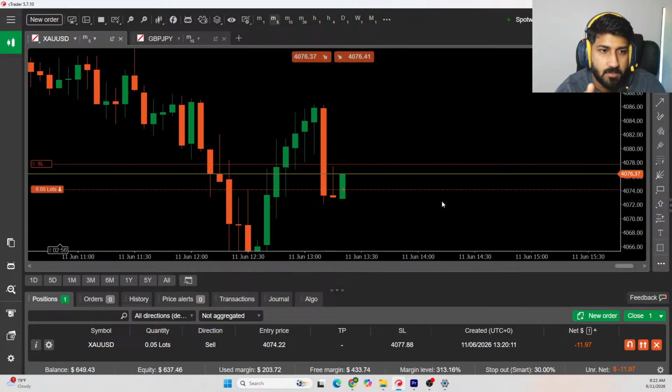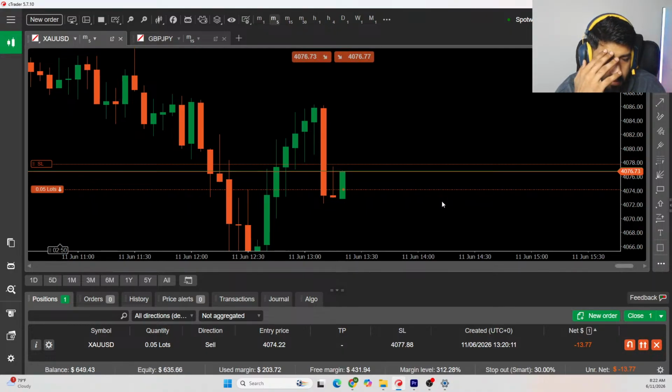If I get stopped out, the way this candle has not formed a bottom wick, that will be the first and last trade of the day.